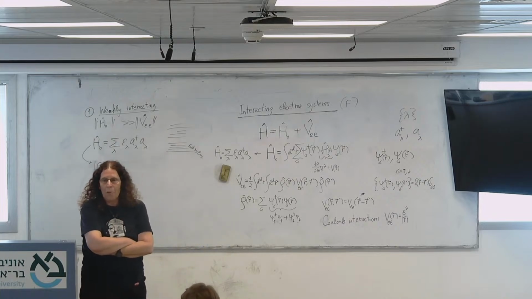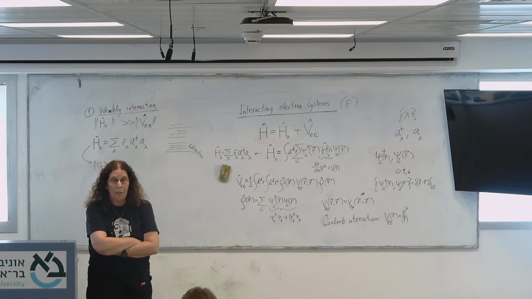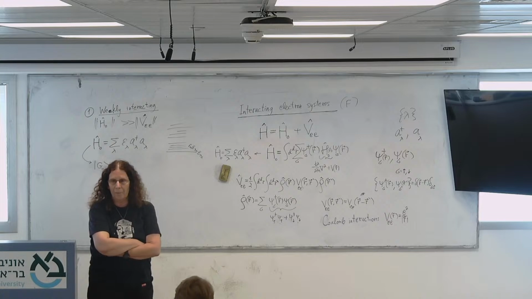So what is the ground state? The ground state is the state with the lowest energy, the many-body ground state.